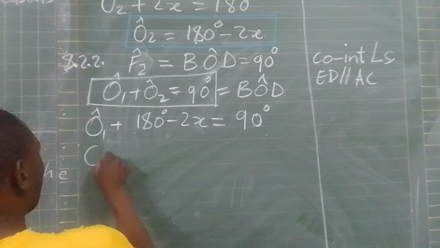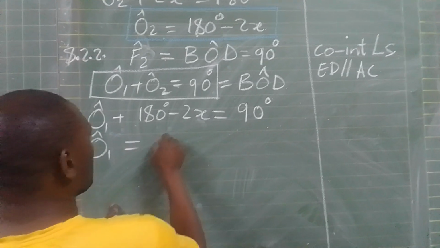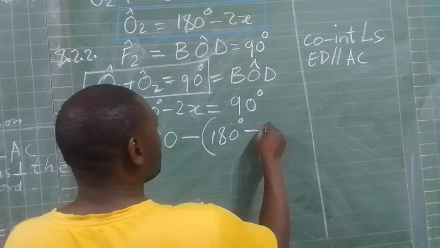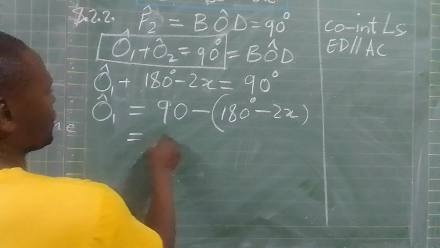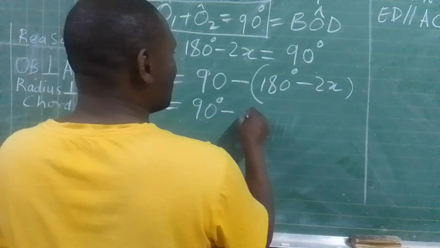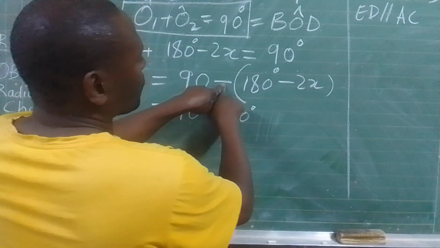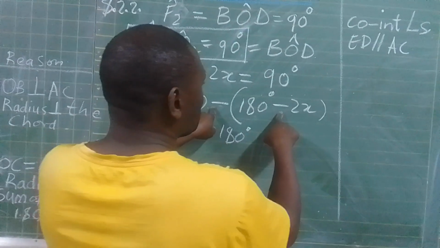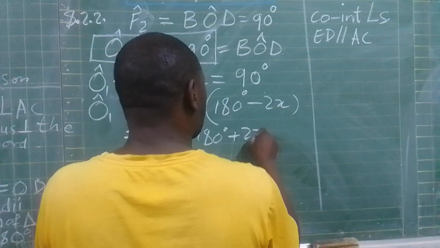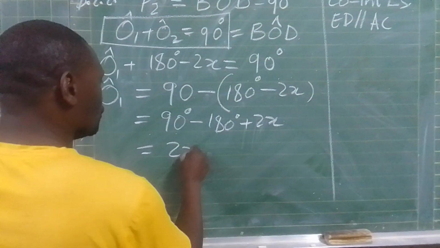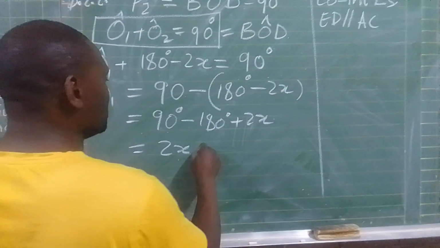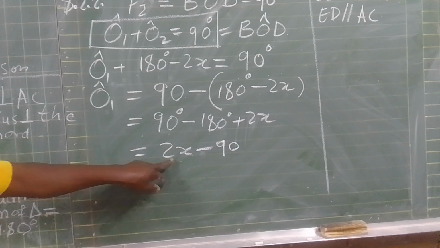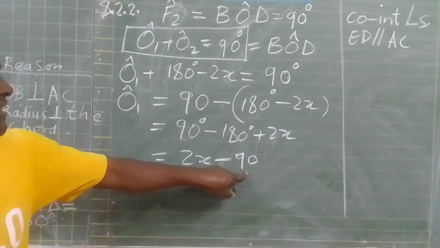So we can find O1 as equal to 90 degrees minus (180 degrees minus 2x). Negative times positive 180 is negative 180. A negative times negative 2x is positive 2x. Now we have 2x, and 90 minus 180 is minus 90. So O1 is 2x minus 90.